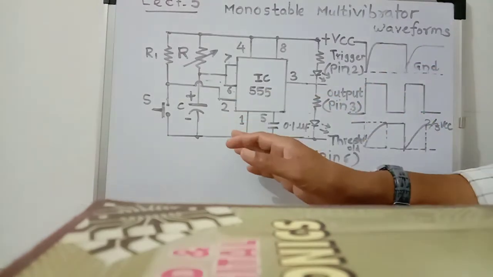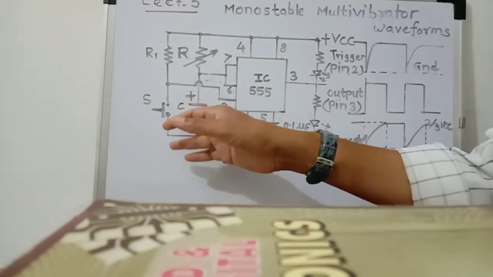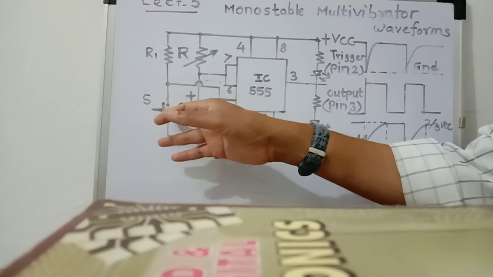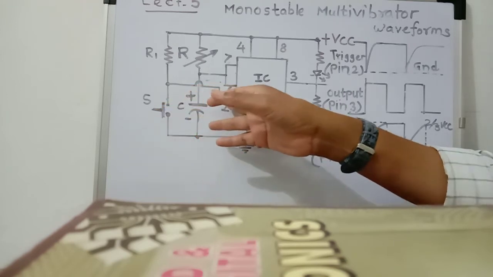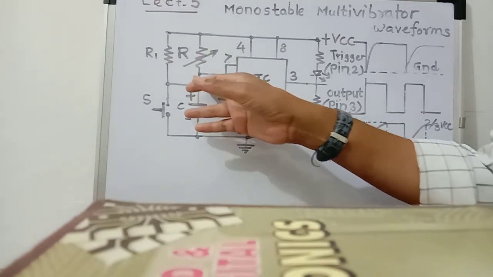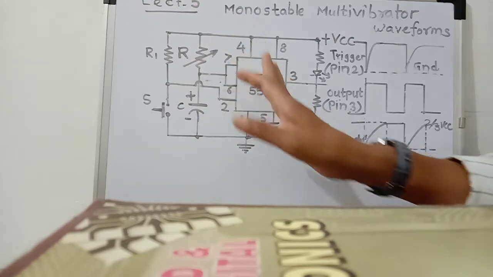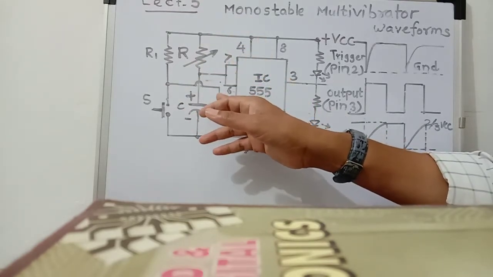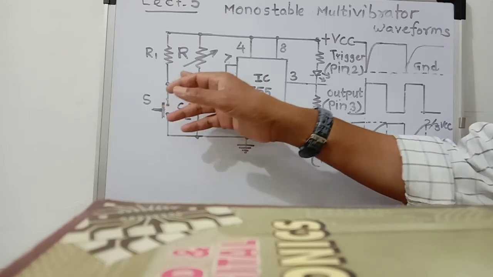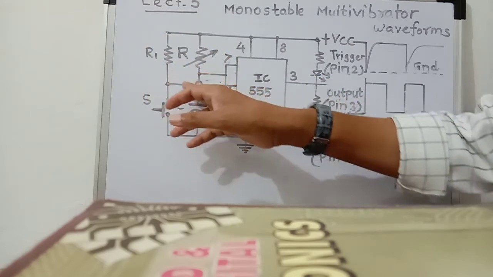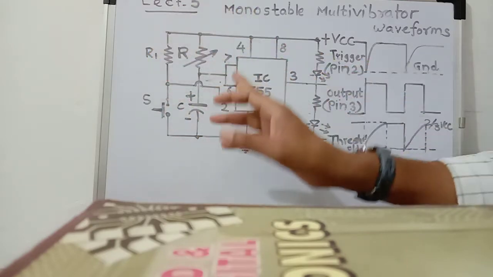Now see the working of the circuit. Before applying the trigger input to pin number 2, the voltage at pin number 2 is above 1/3 VCC, because R1 is connected to pin number 2 and it is connected to plus VCC.